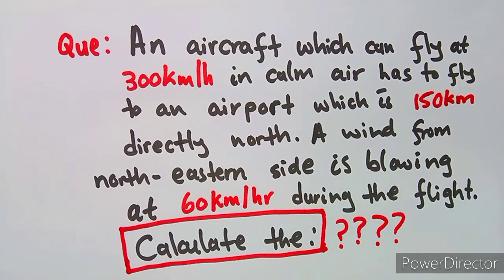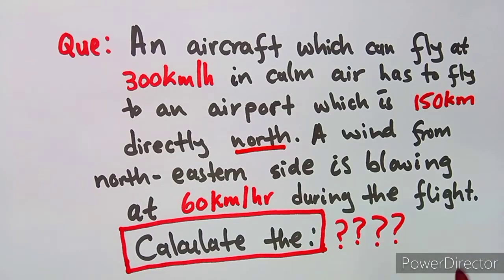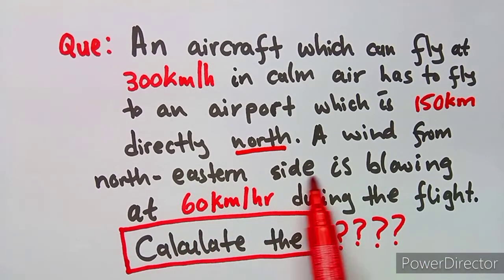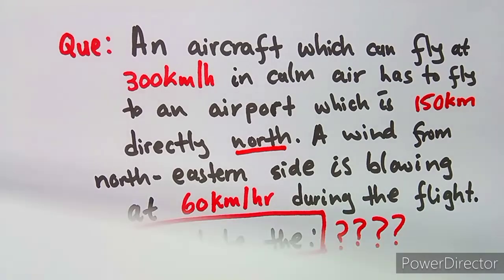Take note, this is going directly to the north. Then a wind from the northeast is blown at 60 kilometers per hour during the flight. Calculate. These are the questions that we are being asked to calculate.